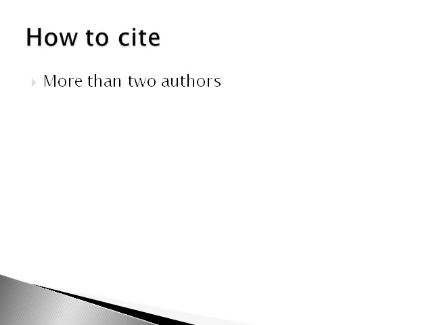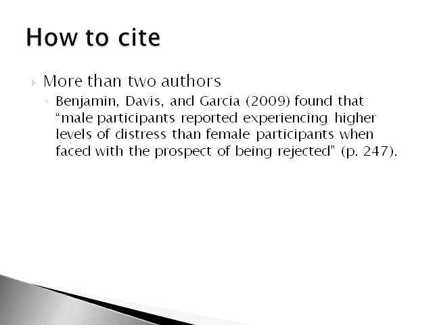Okay. So when you have more than two authors. So we have Benjamin, Davis, and Garcia, 2009, found something, so it's a quote. We've got the part of the citation included in the narrative, but again the page number has to go at the very end. And again we see since the and connecting authors isn't inside parentheses, it's the word and, not an ampersand.